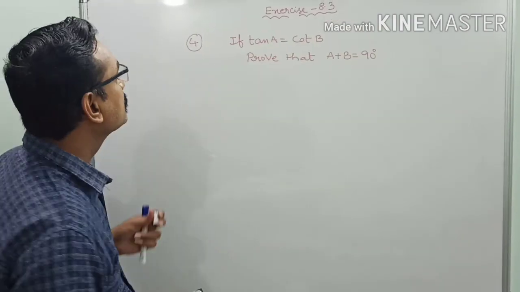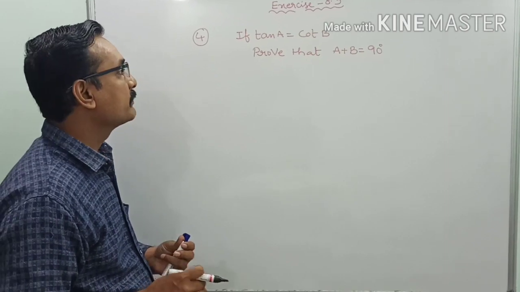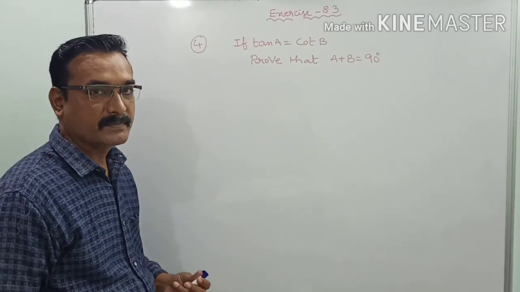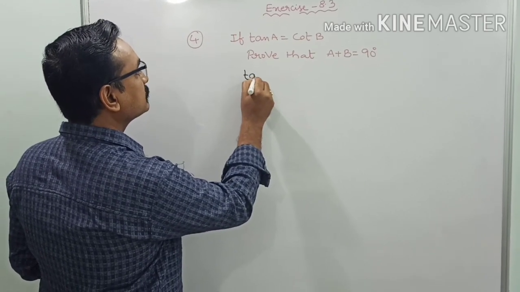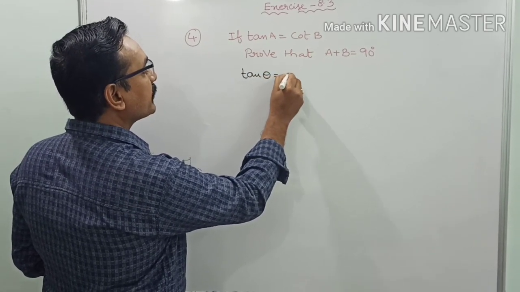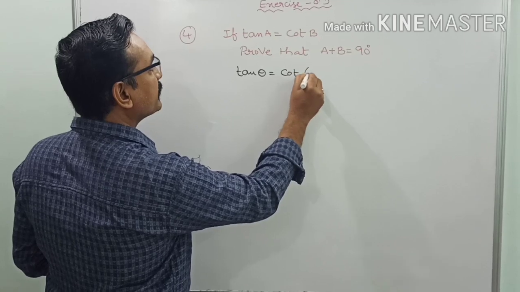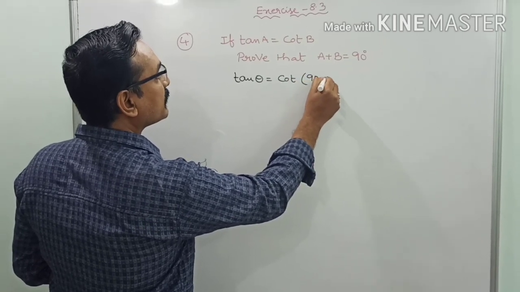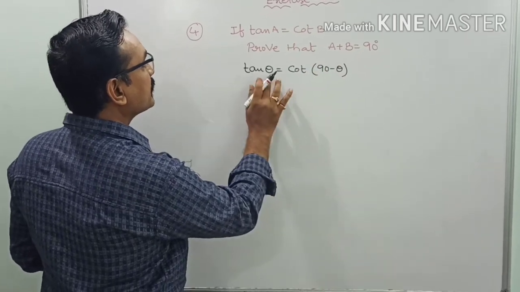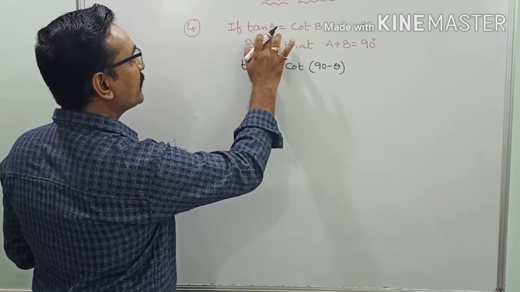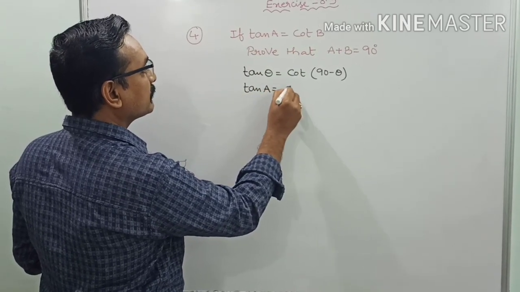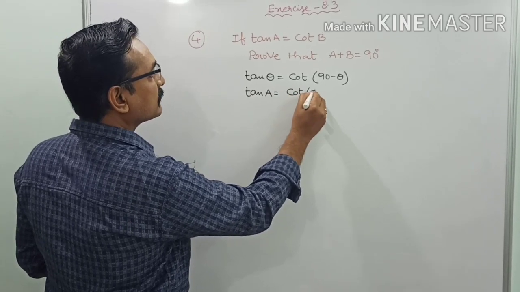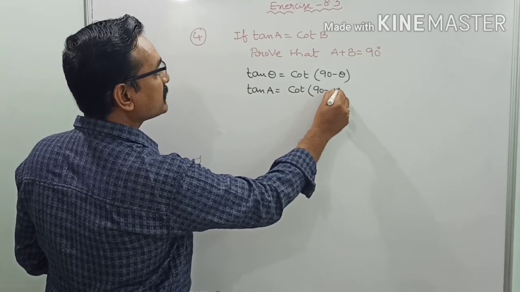Question number 4. If tan A equals cot B, prove that A plus B equals 90 degrees. So we know the condition here: tan theta can always be written as cot of (90 minus theta). Now instead of theta we have A, so tan A can be written as cot of (90 minus A).